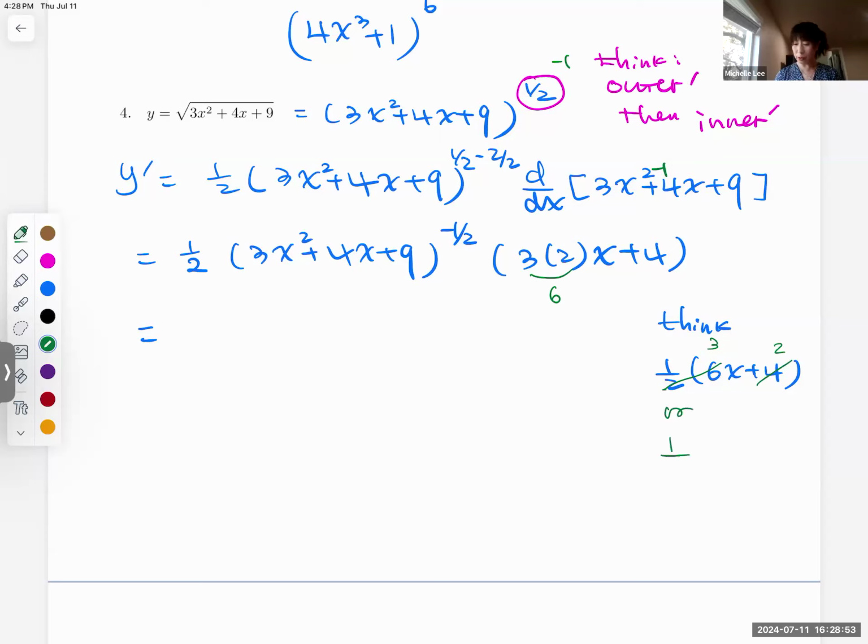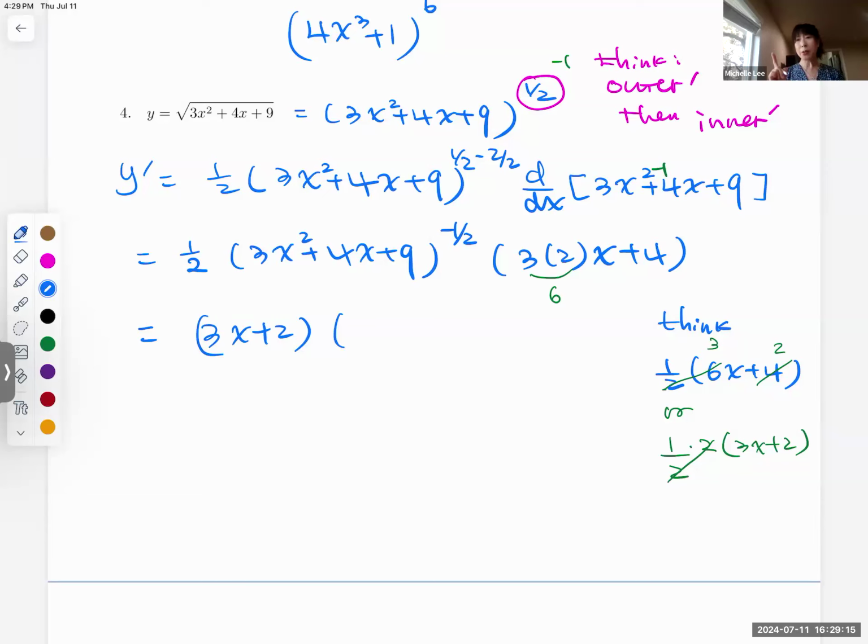Or you can factor out, right? So 2 times 3x plus 2, right? So an easier way. So we have 3x plus 2.